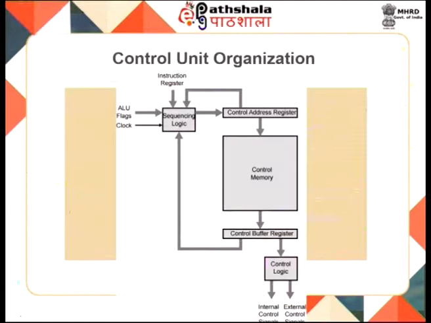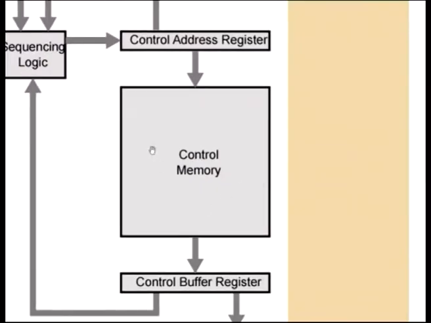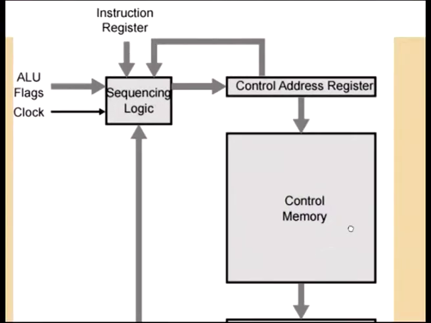Now, we look at some more details of this microprogram control unit. If you look at the microprogram control unit, you have what is called a control memory. The control memory stores all the control signals. The control signals are basically stored in the form of bits, and that is available in the control memory. So, somehow you will have to address the control memory and get all the control signals. Instead of the control signals being generated by hardware, the control signals are stored as bit configurations, as control words in your control memory.